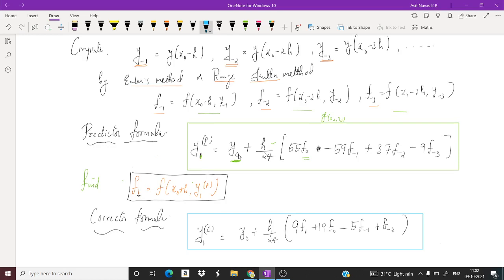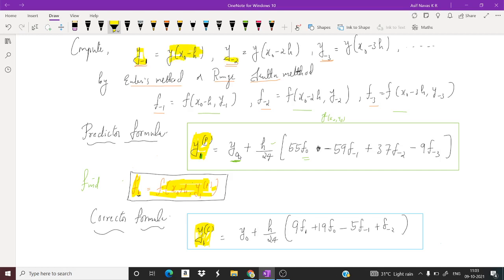So first the Adams predictor formula gives y1 of p, then we find f1, then we use the corrector formula to get y1 of c. Before that, we have to find y minus 1, that is y of x naught minus h.